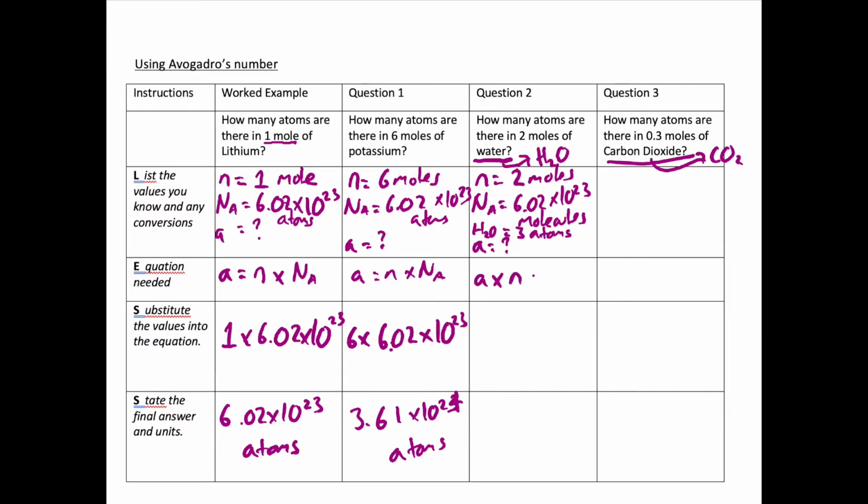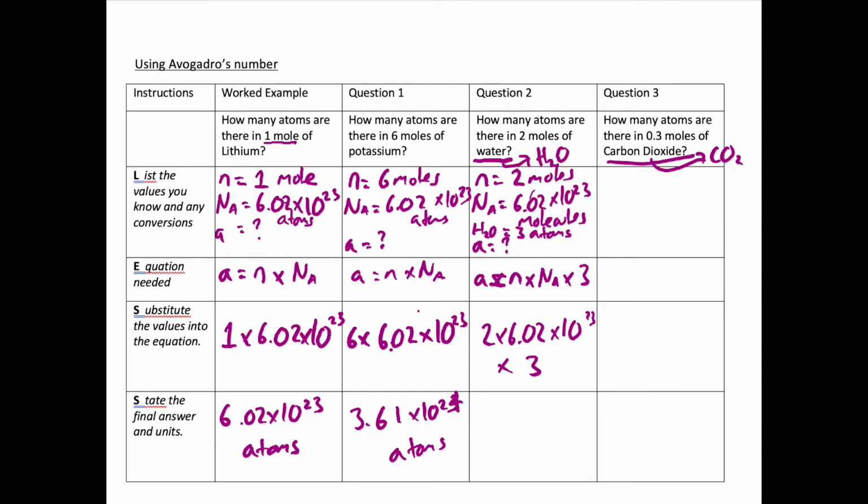So the equation we need here for our number of atoms is going to be our number of moles times our Avogadro's number. But in this case, we also want to times it by 3 because that's the number of atoms for that 1 molecule. So here we're going to be doing 2 times 6.02 times 10 to 23 and times that by 3 to get it into our number of atoms rather than our number of molecules.